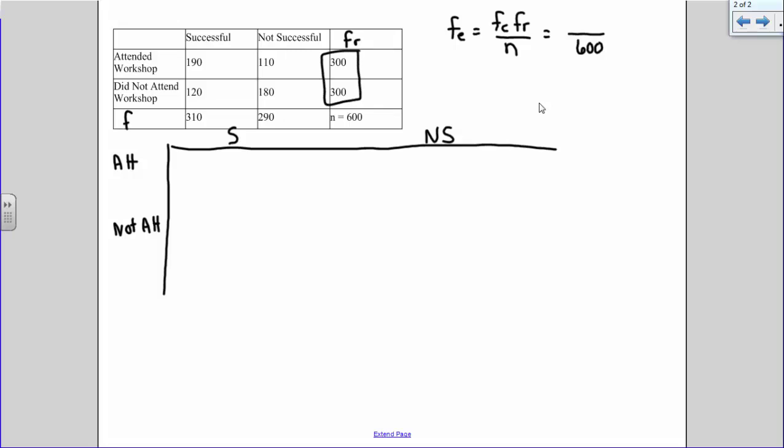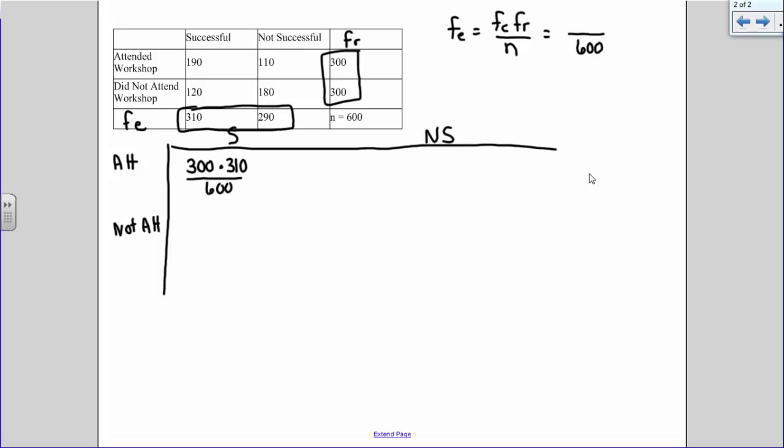These are our frequency columns. And what you're doing is, for this one, we're looking at the frequency for this row times the frequency for this column and dividing it by the sample size. So we would have 300 times 310 divided by 600.